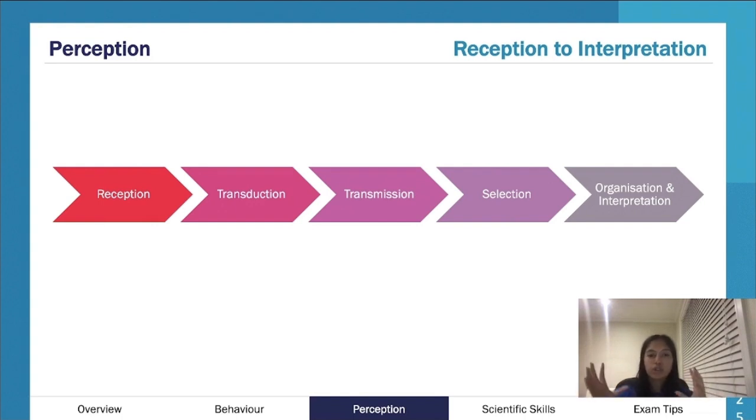Selection is this idea that your brain, as I mentioned, gets a lot of sensory information. It picks up on everything, but we don't pay attention to everything that our brain is sensing or receiving. Otherwise, our brains would literally explode. So selection is paying attention to stimuli that are relevant. Like right now, my elbows are resting on my armrest or chair.